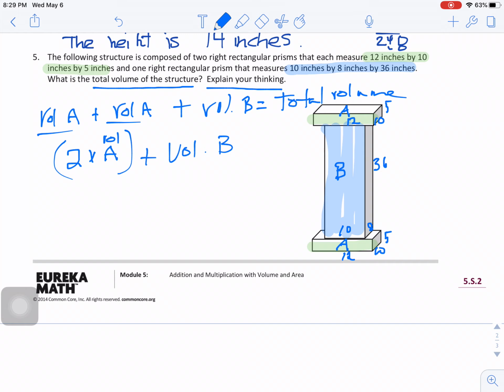So let's go ahead and figure out the volume for A, which is equal to 12 times 10 times 5. I can multiply those in any order. And for me, there are a couple of easy calculations.